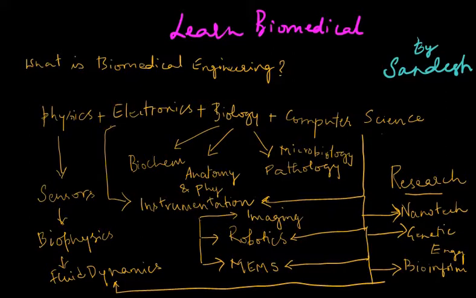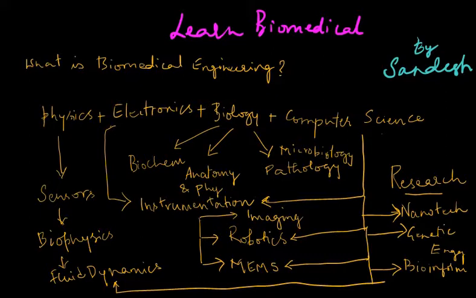Then the second thing over here, I have mentioned electronics. One needs to understand what exactly electronics is and how it is different from physics, because electronics is actually a part of physics. It's a sub stream of science.